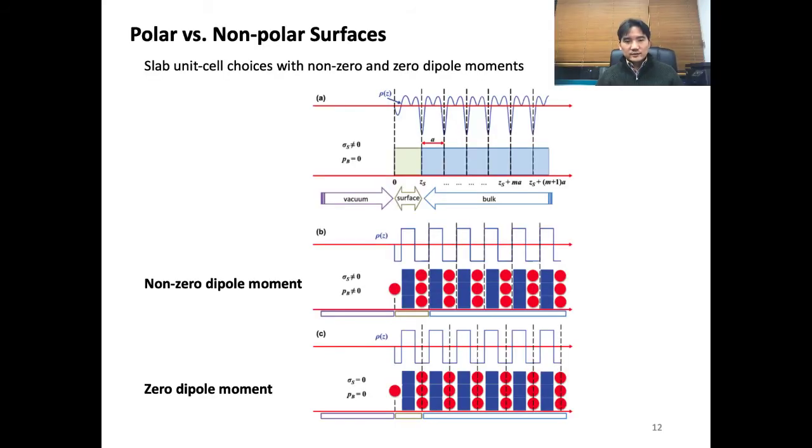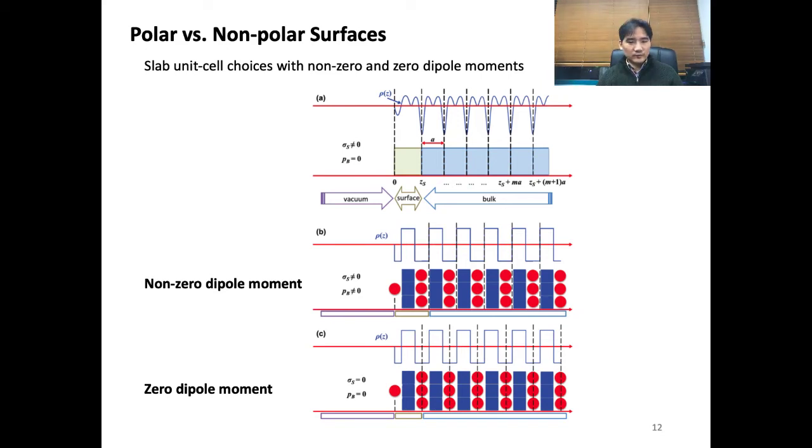So this slide shows an example of how we can choose the slab unit cell to make non-zero or zero dipole moments inside the unit cell. So you may wonder, is it really the choice of the slab that makes the surface polar or non-polar?